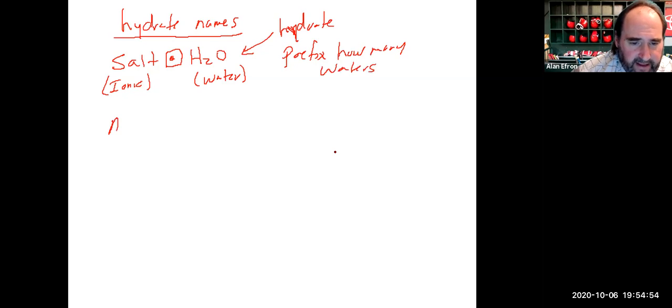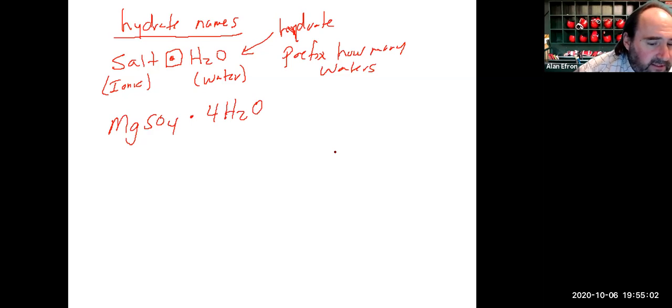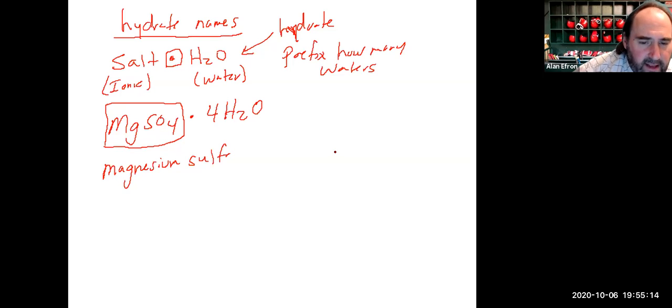So for example, if I had MgSO4·4H2O, we would name the ionic part just like normal. So this is a type 1 compound, and this would be magnesium sulfate. And then when we get to the water part of the hydrate, 4 is tetra, so this would be tetrahydrate.